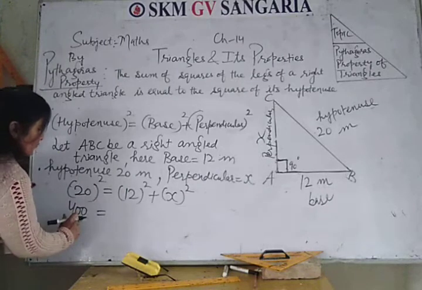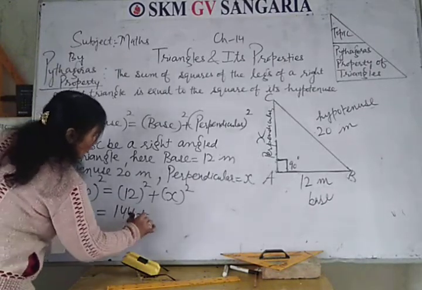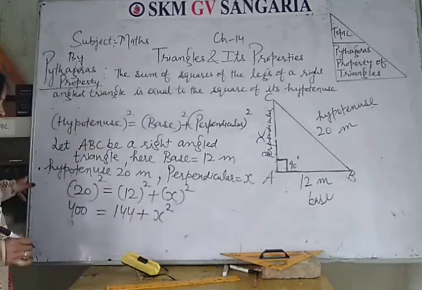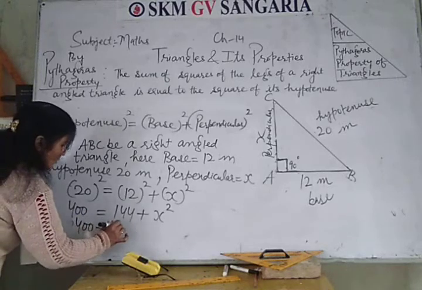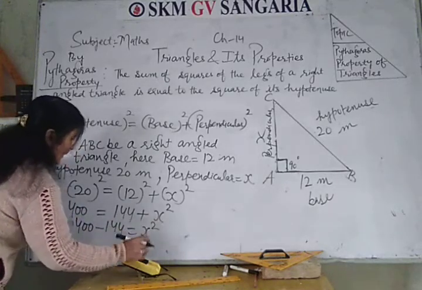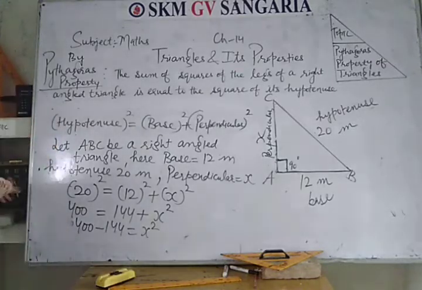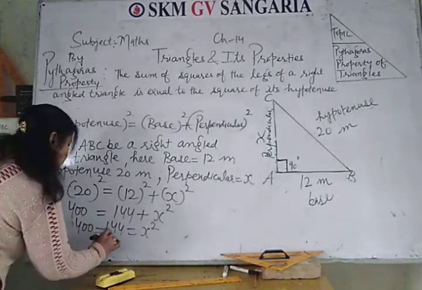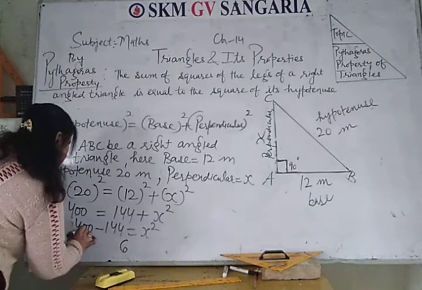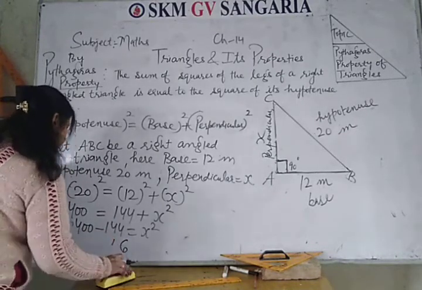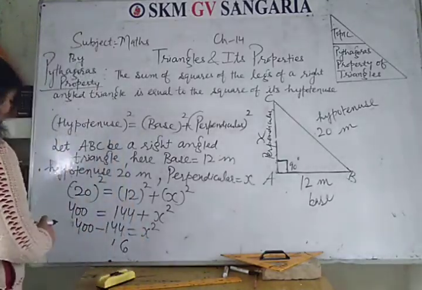20 square is 400, 12 square is 144, plus x square. Then subtract by transposing, x square will be equal to how much? It is 400 minus 144.